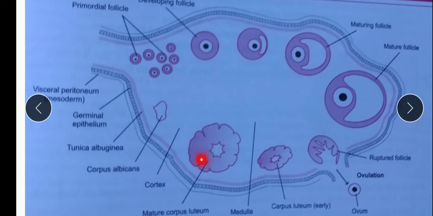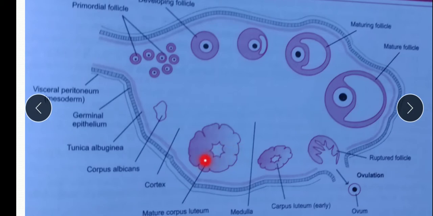In the normal course, when the released egg is not fertilized, the corpus luteum grows for days and secretes another very important hormone, progesterone. After about 9 days of its formation, that is the 23rd day of the ovarian cycle, it begins to degenerate.